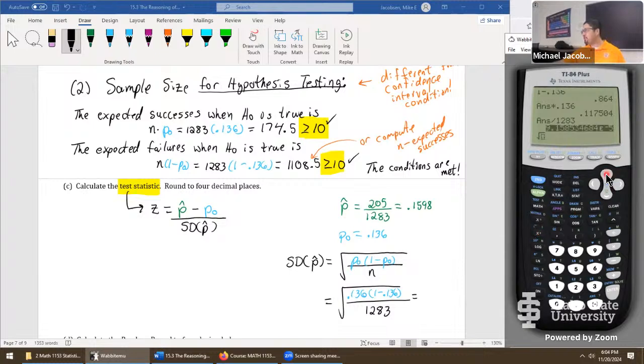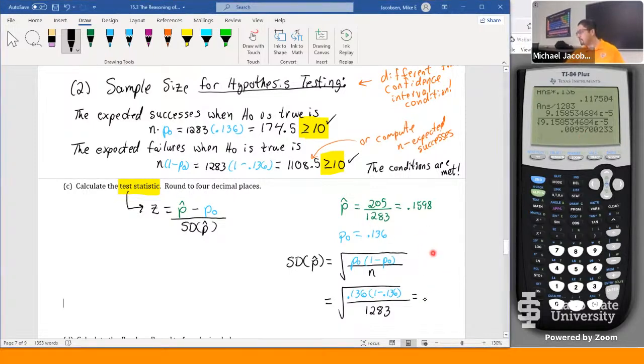On the TI-84, it's easier to just paste in by up arrowing and hitting enter. I think that's the best way to do that. Hit enter again, and that's finally our standard deviation. 0.0096 is what I got. Does that look right to everyone so far? Awesome, let's record the result, 0.0096.